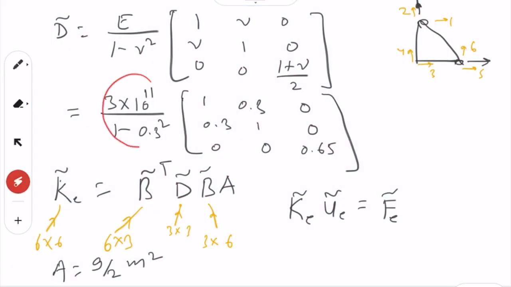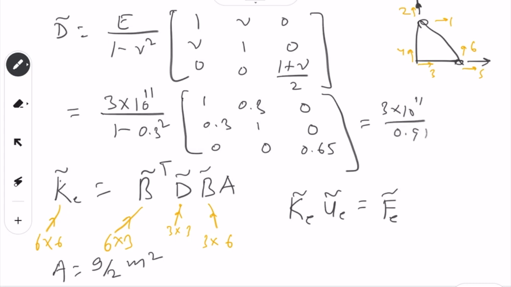So 3 times 10 to the power 11 over 0.91, and the matrix 1, 0.3, 0; 0.3, 1, 0; 0, 0, 0.65. Okay, done.